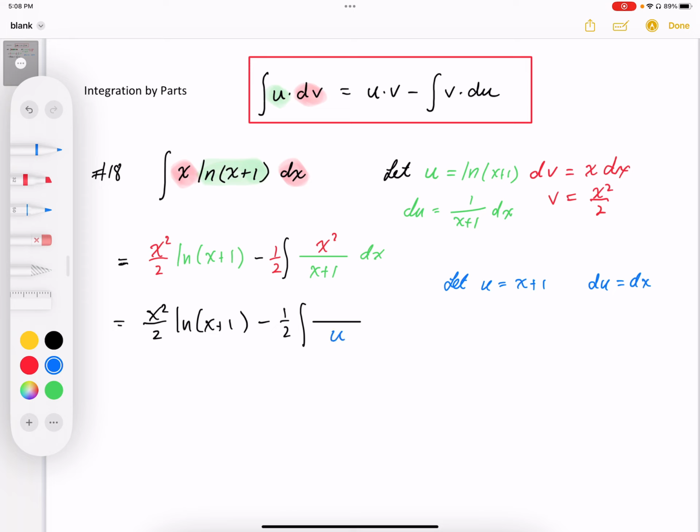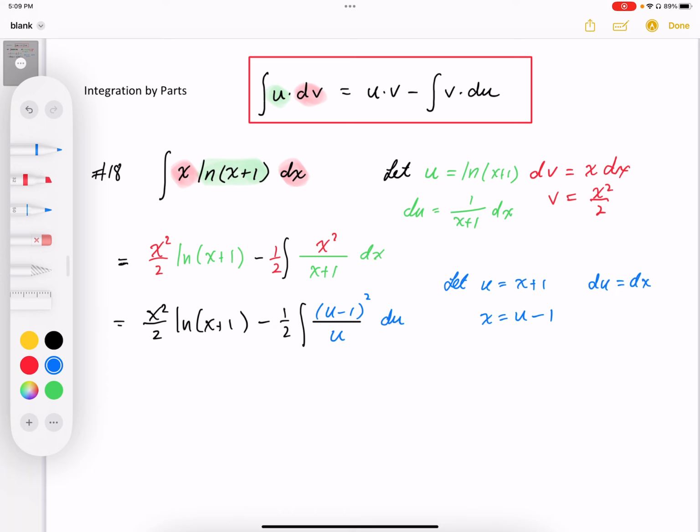That allows me to distribute that monomial term into the numerator. So in this case, x squared becomes, instead of x, I'm going to do x is equal to u minus 1. And then replacing that x with u minus 1, I end up with u minus 1 squared. The dx I can replace with a du.